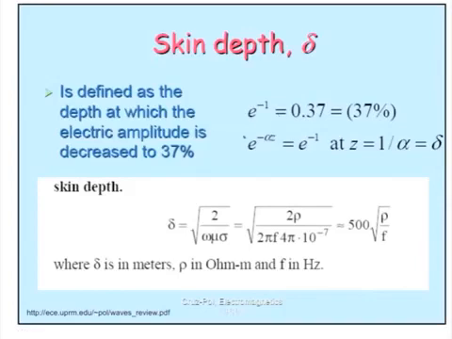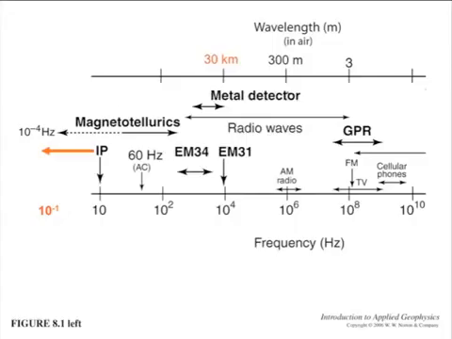Now, the problem that we have as geophysicists is that our rocks are generally pretty conductive. I mean, we can take radio waves of any frequency from 10 to the minus 4 hertz all the way up to 10 to the 10th hertz, 10 gigahertz, and we can broadcast that through the vacuum of free space, and not much will happen to it.